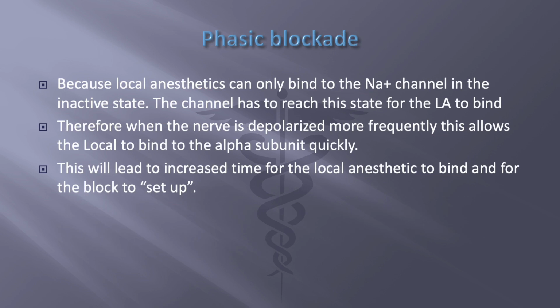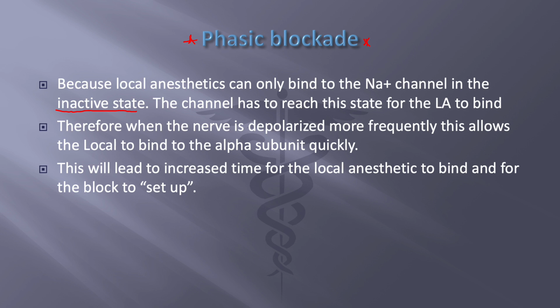So this is why we have a phasic blockade. Okay, so a phasic blockade, if we think about it, we want these sodium channels to cycle through the active and inactive state. All right, so how do we do that?